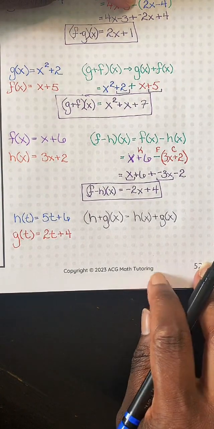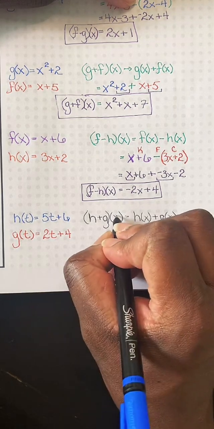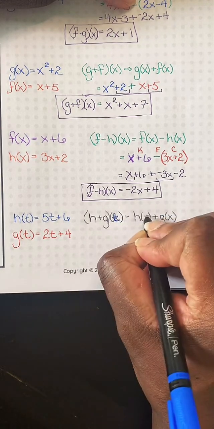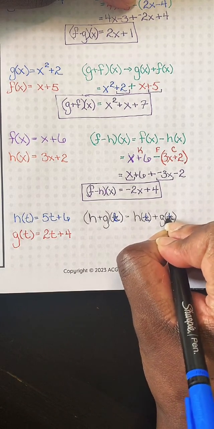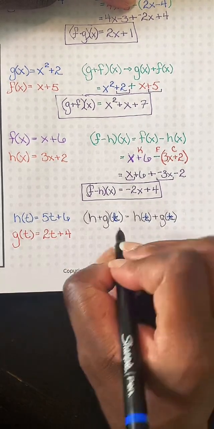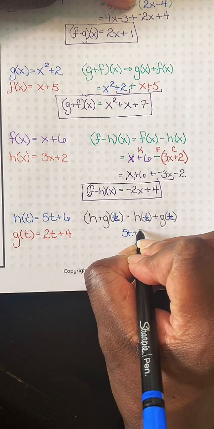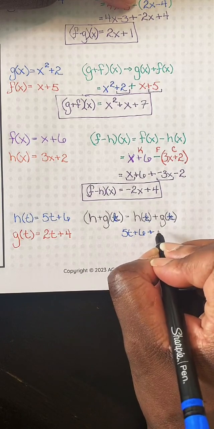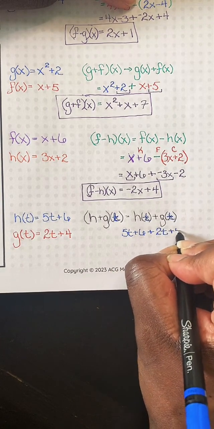All right, so here we go. We have our h of t. Sorry, I did put an x because I'm so used to x's. I'm not even going to sit here and try to lie. But we do have our 5t plus 6. Hopefully that's not what holds a lot of people back. And then we have our 2t plus 4.